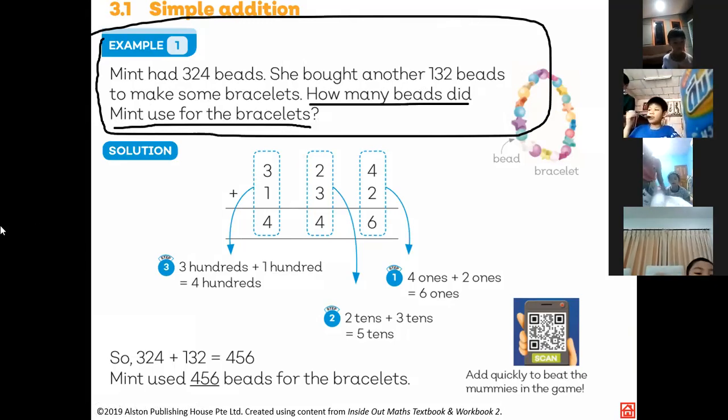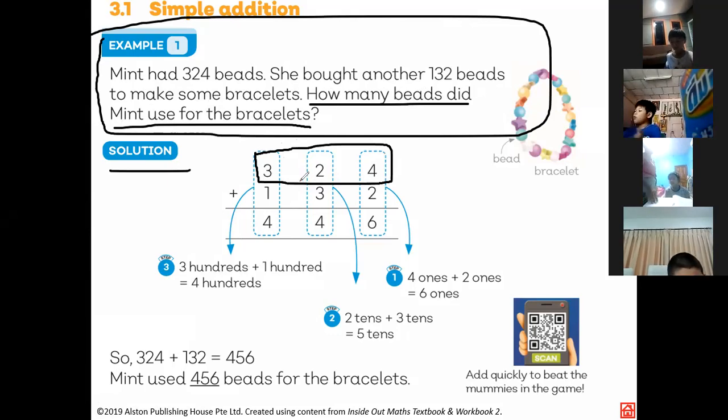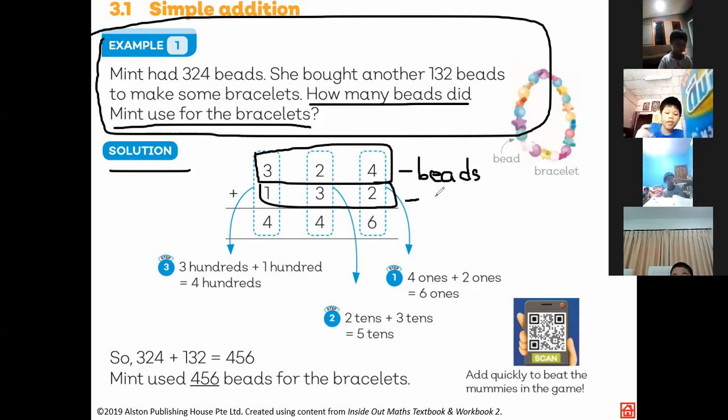So class, here's the solution, okay? First is we have to write the number 324 beads, right? That's the initial number of beads. And then she bought another beads, which is 132.